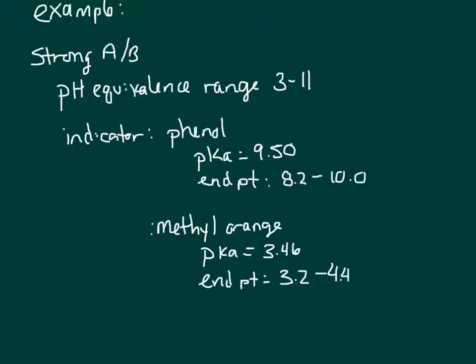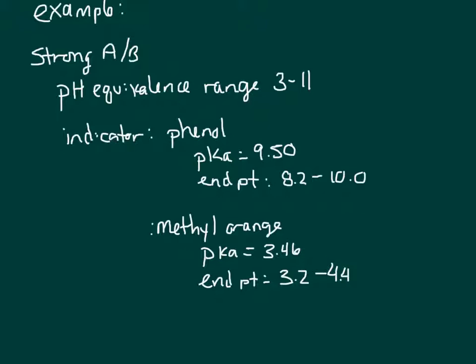An example: if you have a strong acid and base, your pH equivalence range is going to be anywhere from 3 to 11. Therefore, we can use two indicators. You can use phenolphthalein, which has a pKa value of 9.5, and an endpoint range between 8.2 and 10.0.